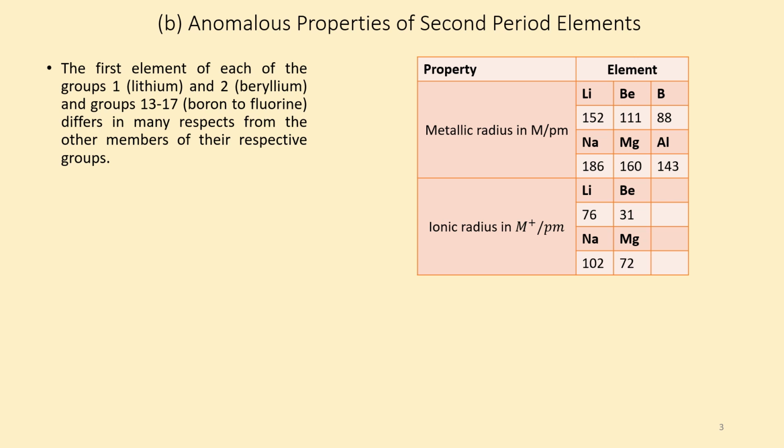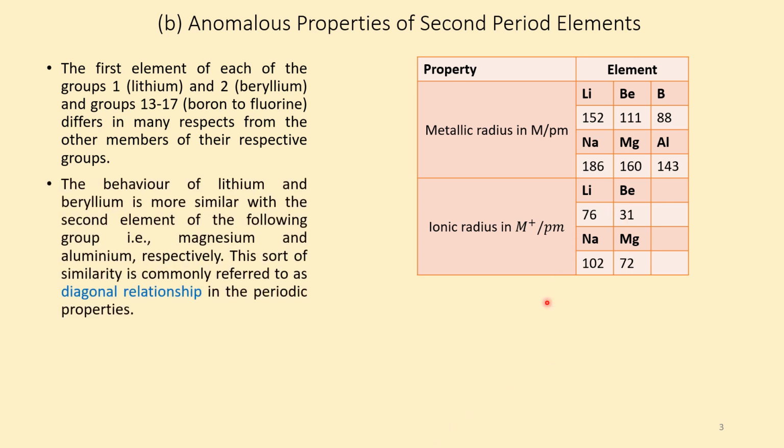So I repeat, the first element of each of these groups differs in many respects from other members of their respective groups. These are shown in the table on the screen.